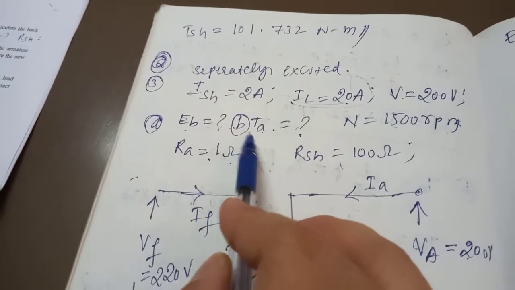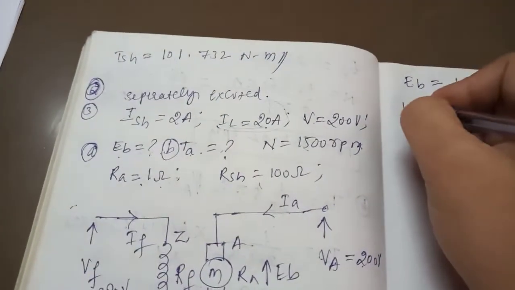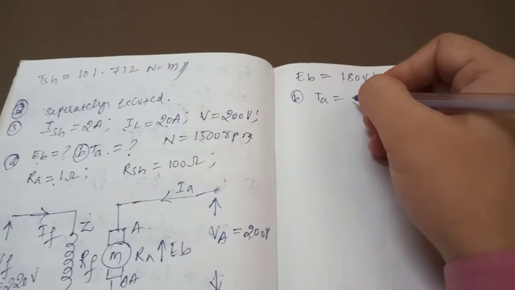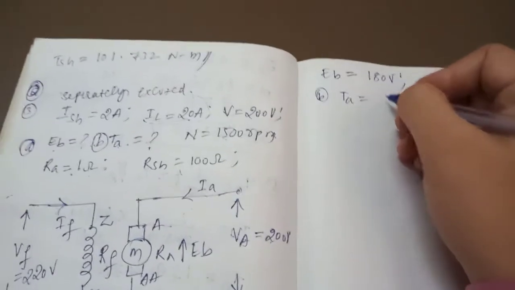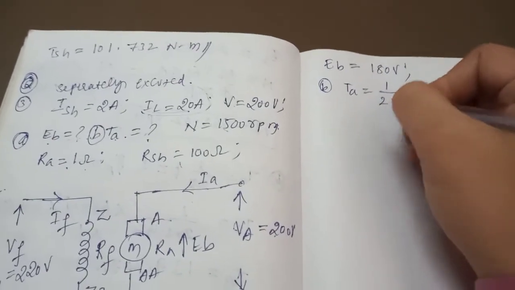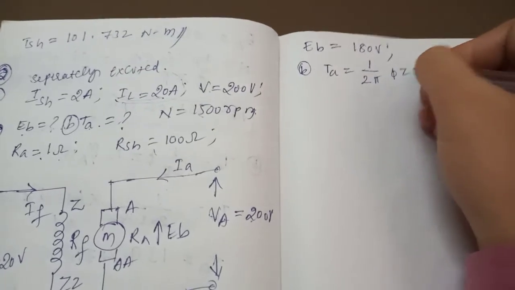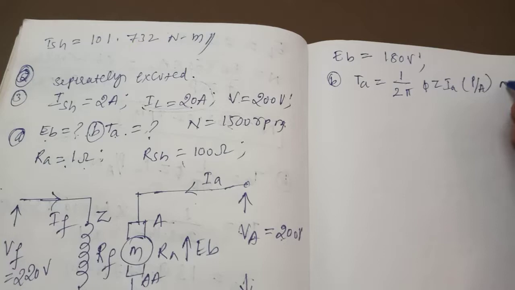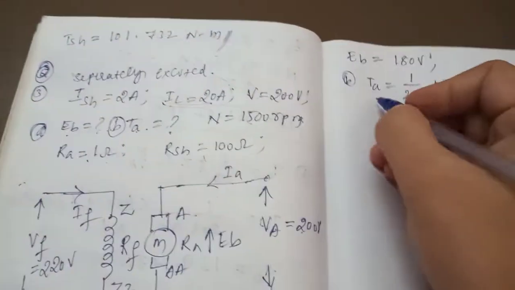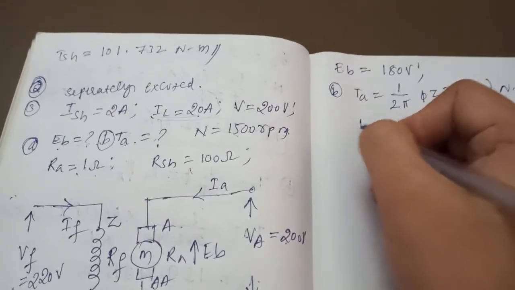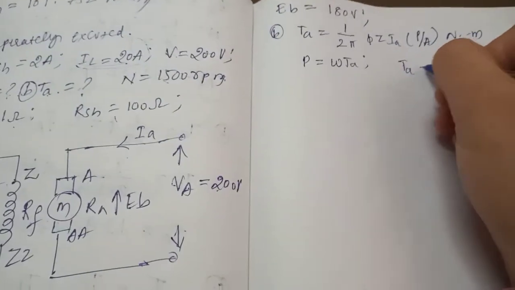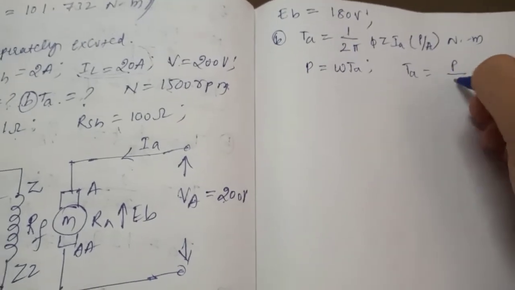The next part of the problem is TA. TA is equal to 1 by 2 pi into phi ZIA into P by A, in Newton meter. Or we have another formula, P is equal to omega into TA, so TA is equal to P by omega.